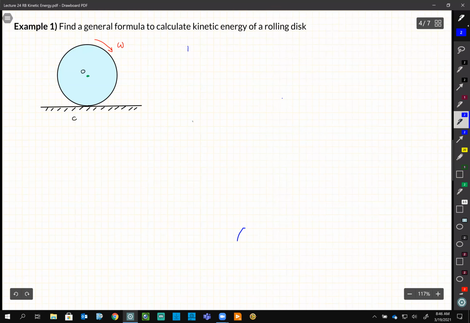T is equal to half of m v bar squared plus half of I bar omega squared. This is our general formula. Then tell me the number that you got. You can type it in the chat.